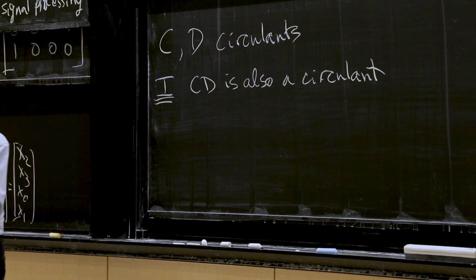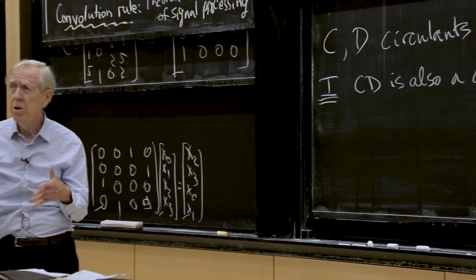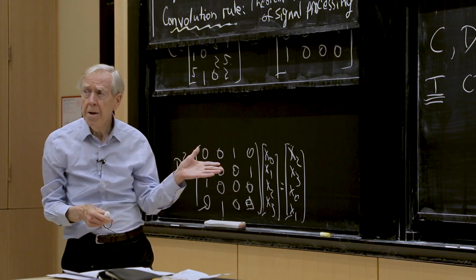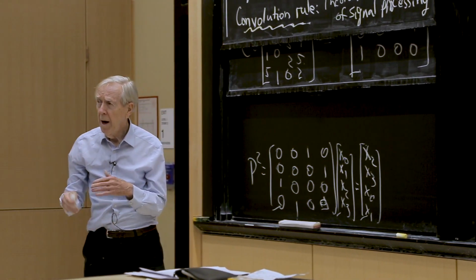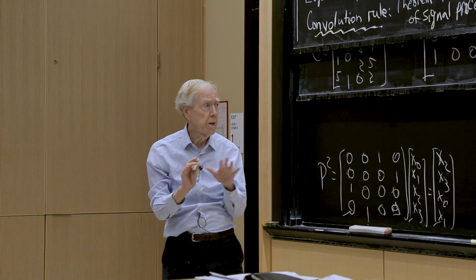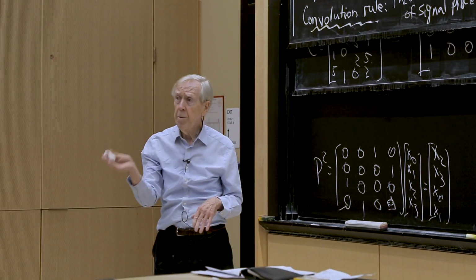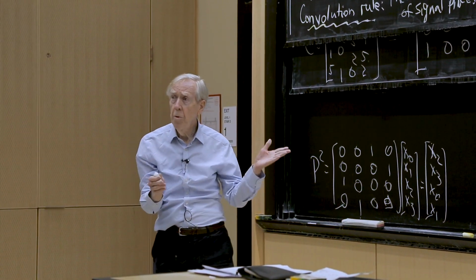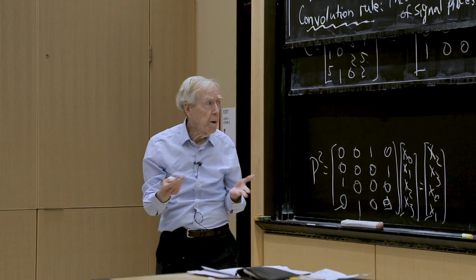So if I multiply circulant matrices, I get more circulant matrices. And the identity is a circulant matrix. I have a little group of matrices, the best little group of matrices there is. I can multiply 2 guys in the group, and I get another one in the group.